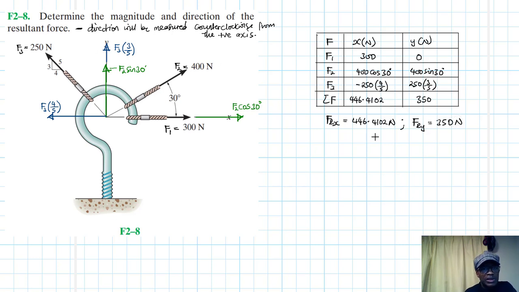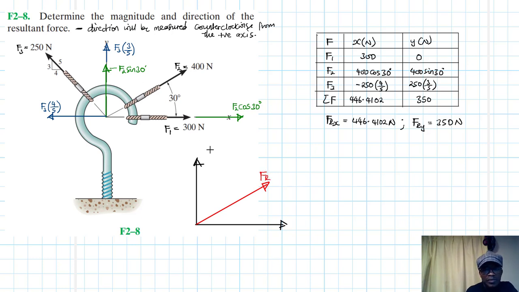And we want to find the resultant. So the resultant, if we are to draw this, looks something like this. And then we have the resultant closer to the bigger force, which is Fx. Not so close, but something like this. Okay, so this is the resultant, which is FR.